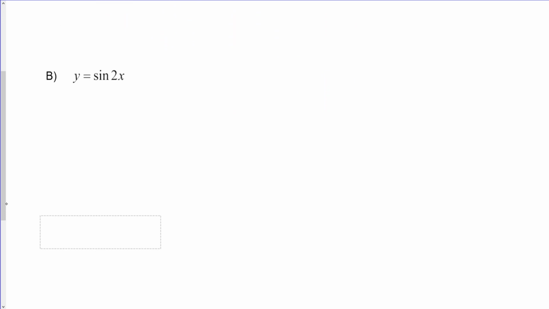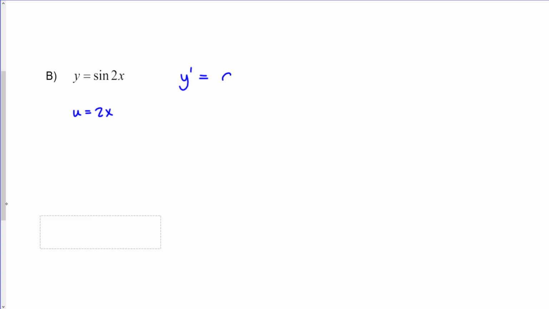B, y equals sine 2x. Okay, to do this, the inner function is 2x. So what I will do is take the derivative of the outer function, which is the function sine of u. So the derivative of sine is going to be cosine.